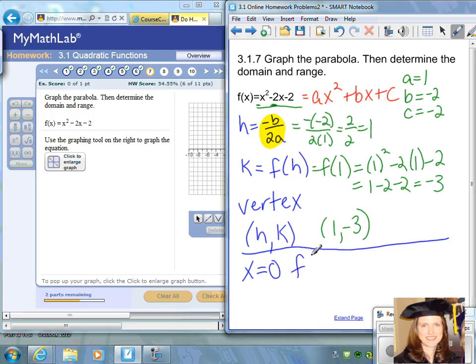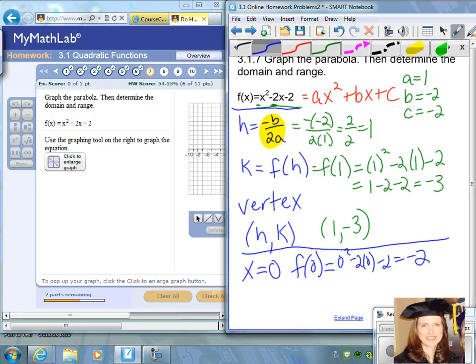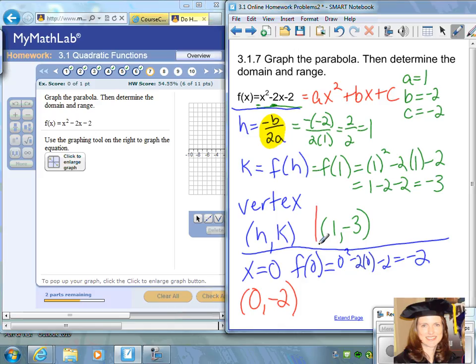So I want to find f of 0. Again, plugging it back into the original function for x and simplifying, you get negative 2. So that gives us one other point on the parabola, and that point is when x is 0, y is negative 2. We're going to use the vertex and this other point to sketch the parabola on MyMathLab.